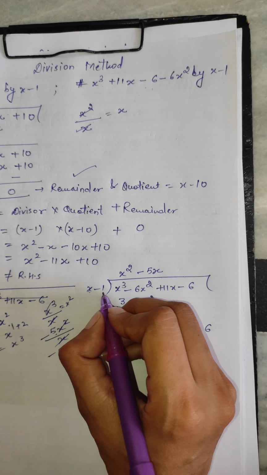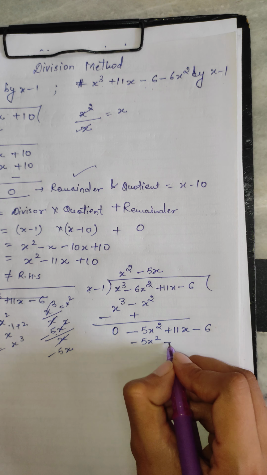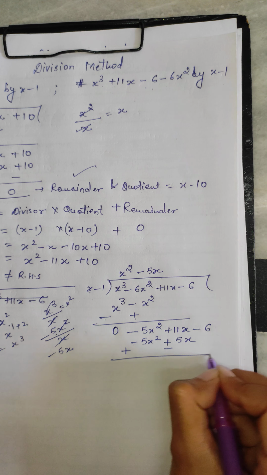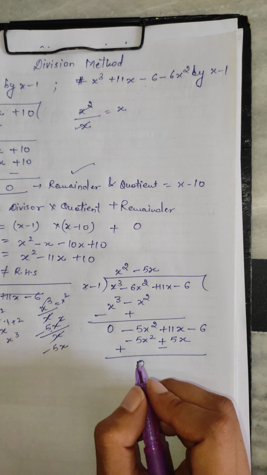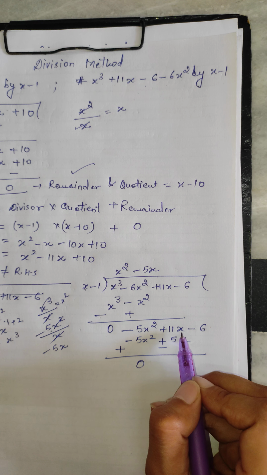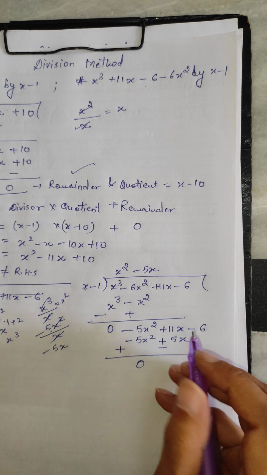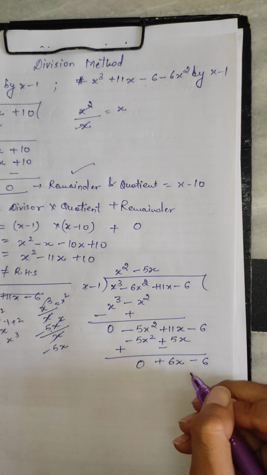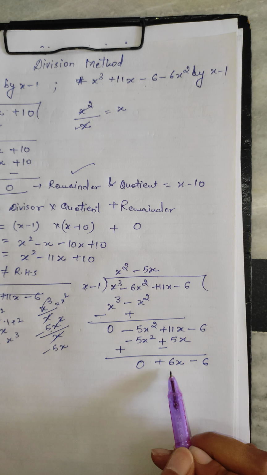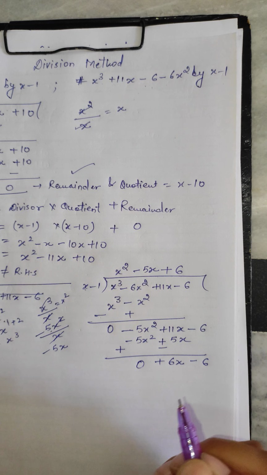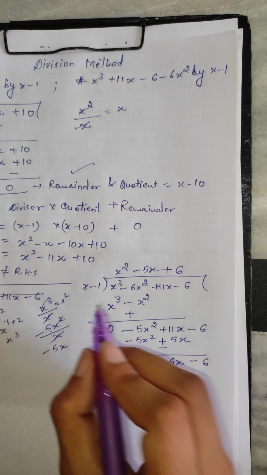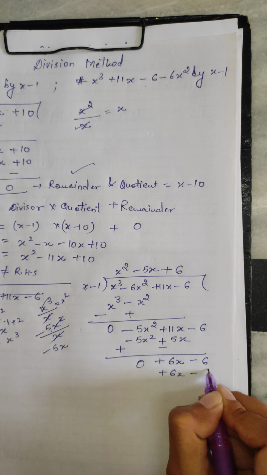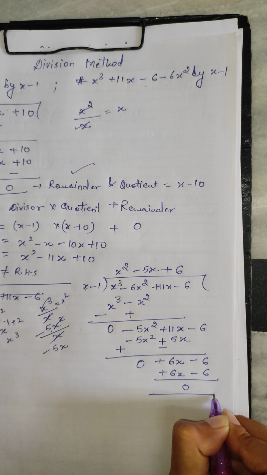Minus 5x multiplied by minus 1 becomes plus 5x. Now the signs change. Here it becomes 0. And here 11x minus 5x becomes 6x minus 6. Here it is clearly visible that we need to multiply by plus 6. Now plus 6 multiplied by x minus 1 becomes plus 6x minus 6, and the remainder is 0.